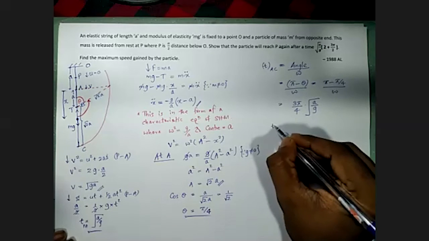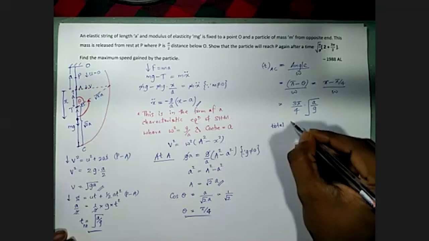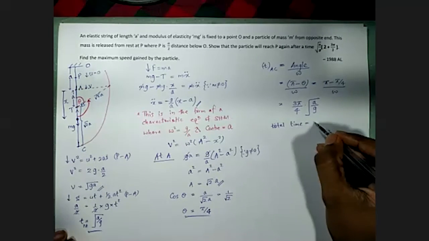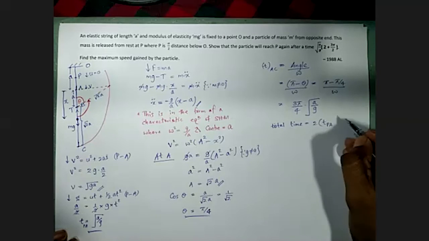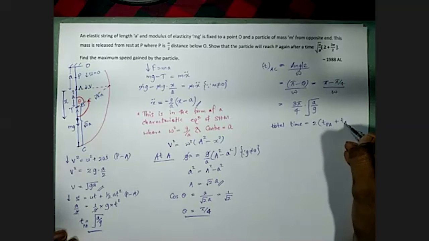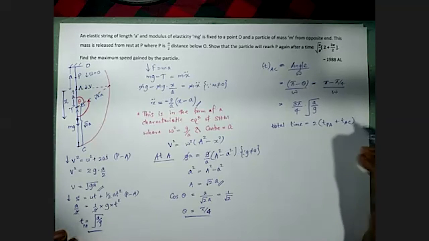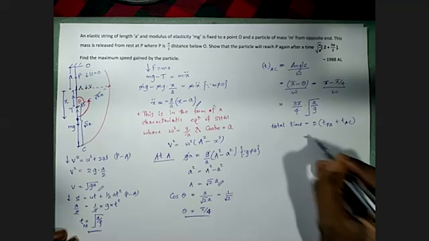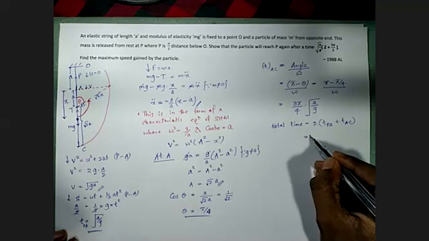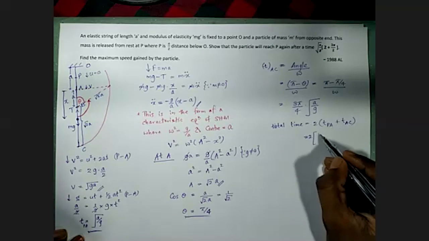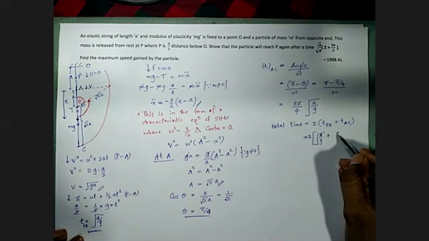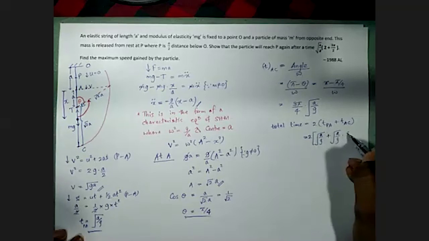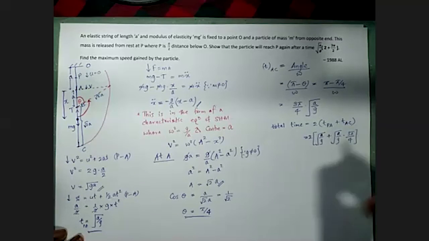Now what is the total time? Total time is 2 times the time taken to move from P to A plus the time taken to move from A to C. Twice of that. Now we can substitute T_PA, that is square root a over g, and T_AC, that is square root a over g times 3 pi by 4.